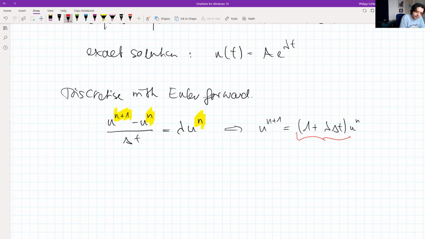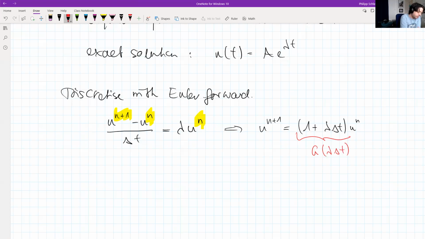And as we have used the terminology of an amplification factor, this factor in front of the u is exactly this G of lambda delta t. And as we discussed yesterday, this term, G of lambda delta t, is a very important factor for describing this discretization scheme. Sometimes it's also called the characteristic polynomial of the scheme.